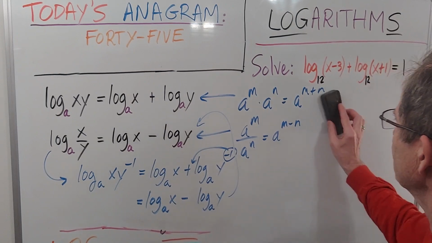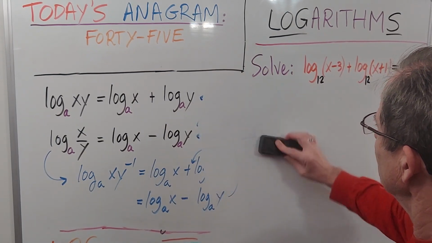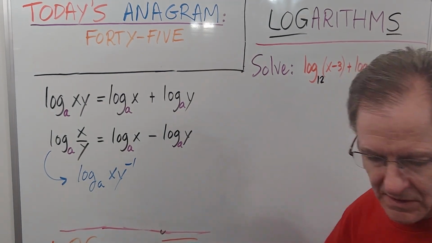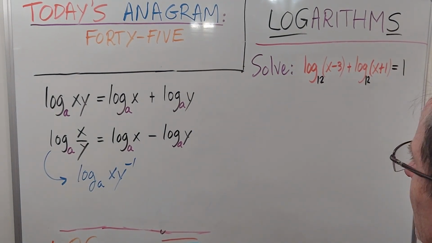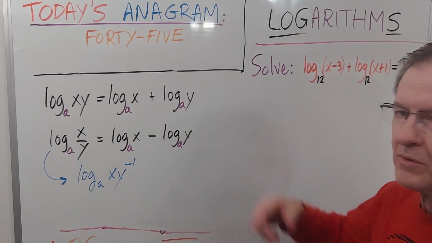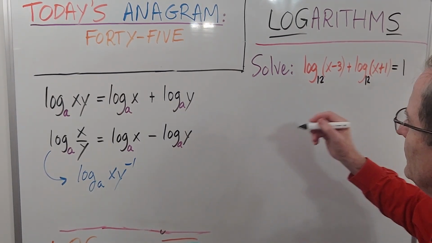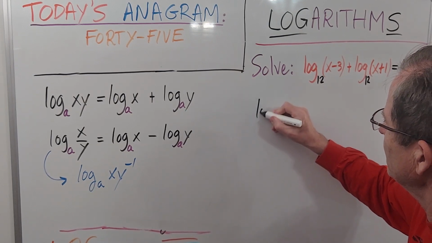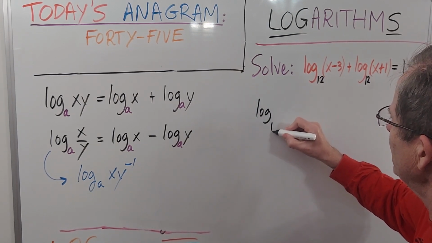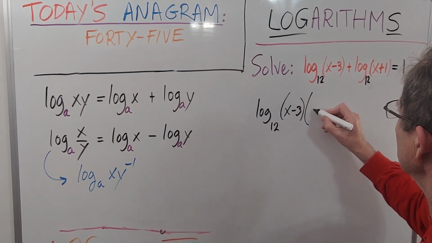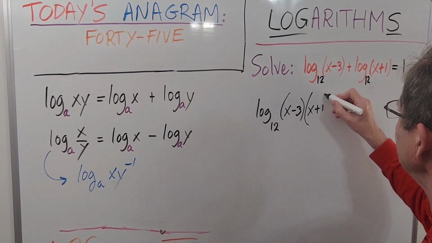All right, now let's solve this equation using one or both of these laws of logarithms. Using the first one, I can rewrite this as the log to the base 12 of x minus 3 times x plus 1.